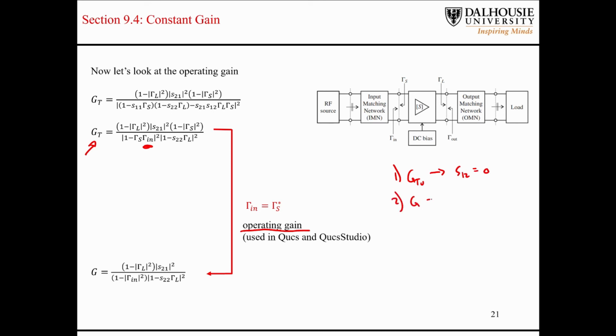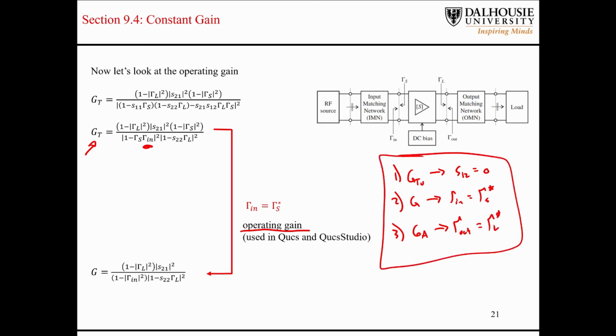For operating power gain, this makes the assumption that the input to the transistor is perfectly matched to the input matching network. Okay, next class we'll see that the available power gain is going to make the assumption that the output is perfectly matched to the load. Okay, so just keep these three approaches in mind here, and we'll move on and discuss the operating gain.